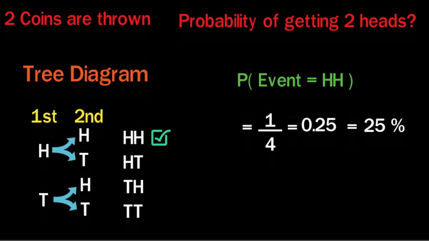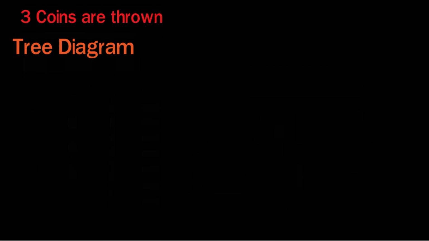Let's move on to another example that you can try. Now let's say three coins are thrown. Same, we use the tree diagram to draw it out.